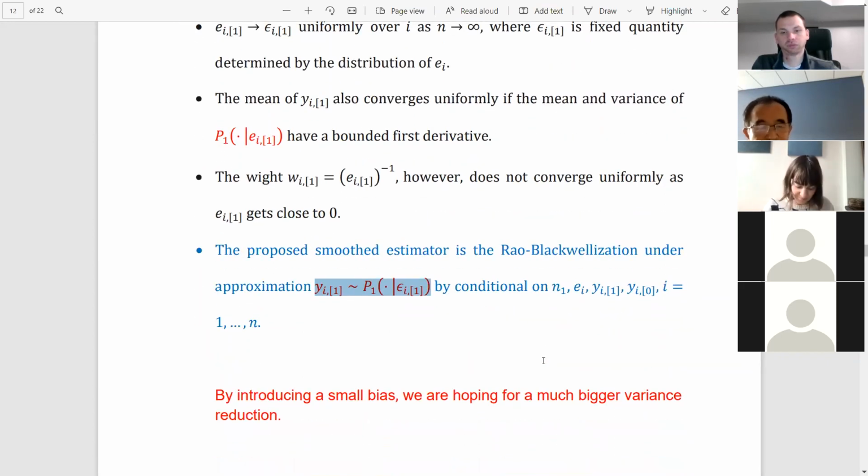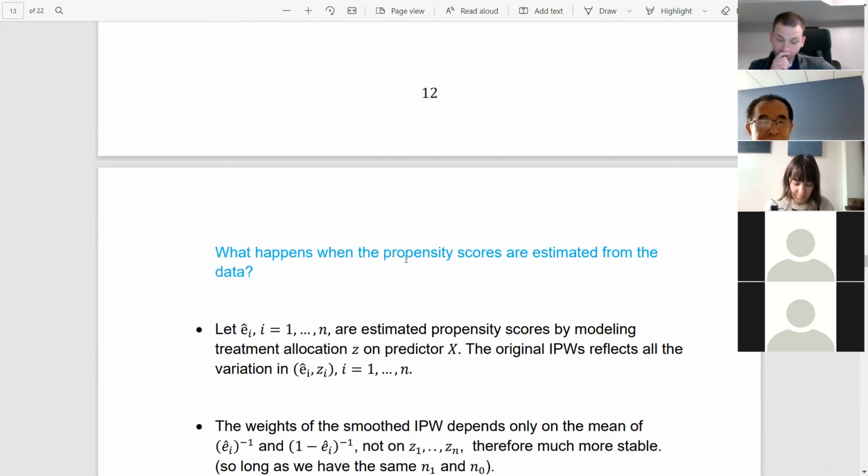Okay, so the idea is, by introducing hopefully a small bias, we are aiming for a much bigger variance reduction, because this is really where the trouble comes from, these weights. So far we've been assuming that we know the propensity score, but in fact we do not know it.